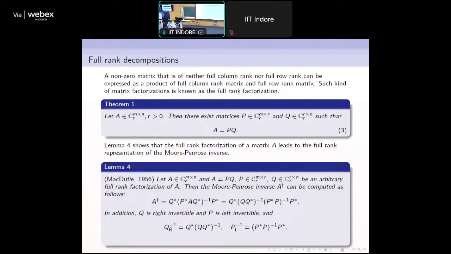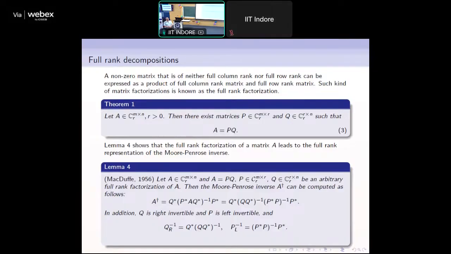Matrix P is of full column rank. Matrix Q is of full row rank. And then we can represent the Moore-Penrose inverse easily in such form, which is given by the product of the right inverse of Q and the left inverse of P.